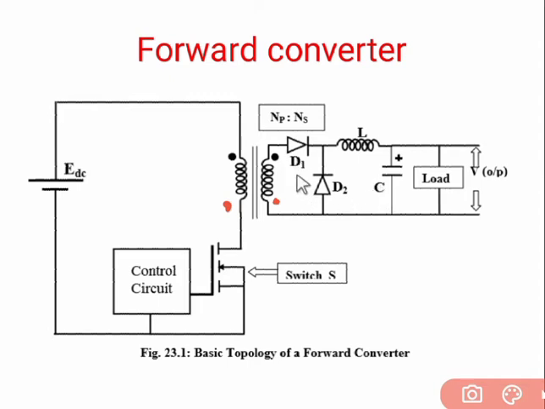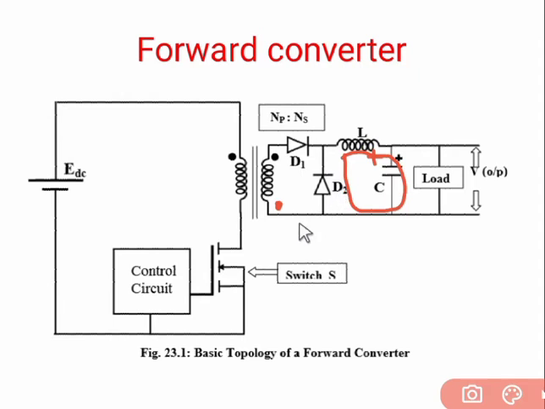When diode D1 is in forward bias condition, current flows through L to C and from the load, so the capacitor is charged. But when switch S is off, this terminal becomes negative, and D1 is in reverse bias. As we all know, the inductor stored energy is released in the same direction, so this point becomes positive. In this condition current flows through the load to diode D2.